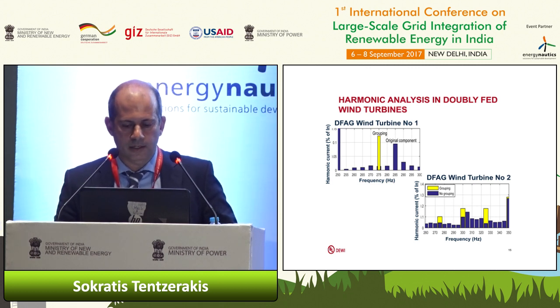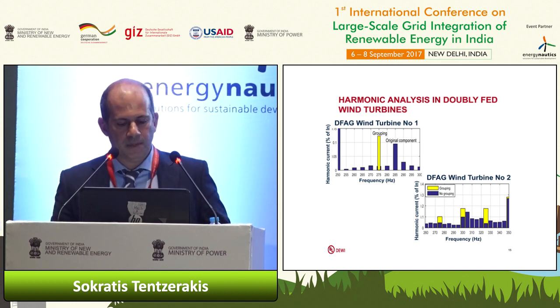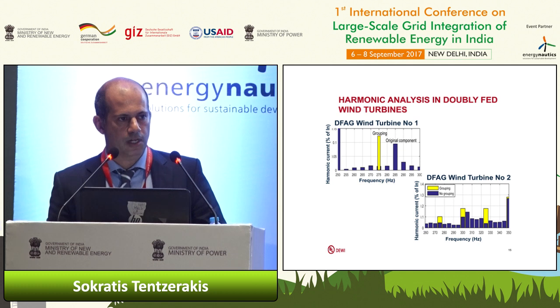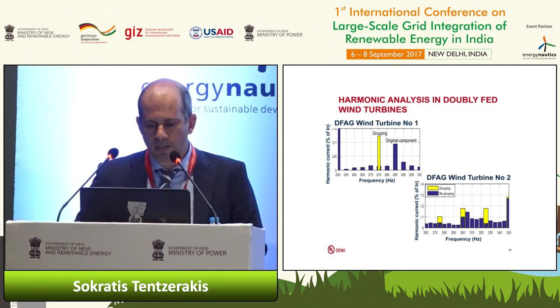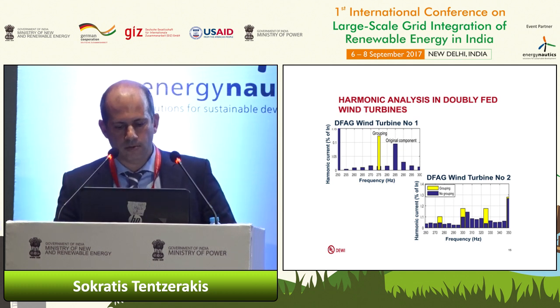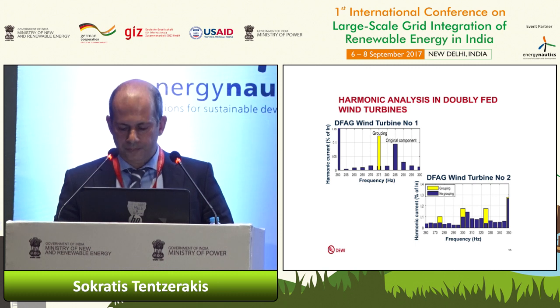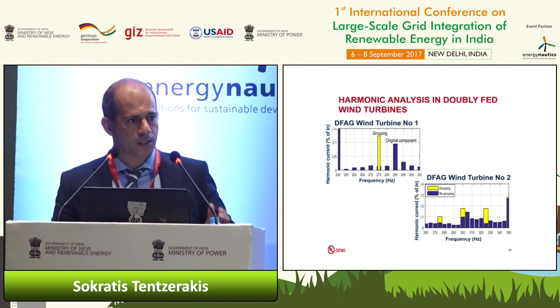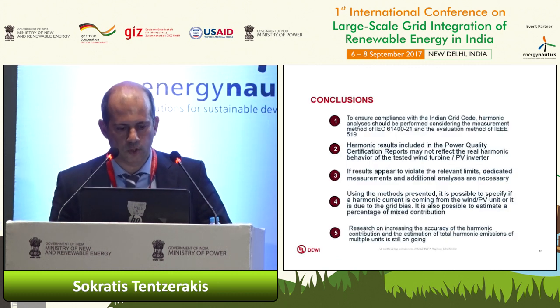In these graphs we can see that the final result with grouping, which is included in the test certificate, might be different from the original harmonic component, and this has to be taken into account when checking grid harmonic compliance.